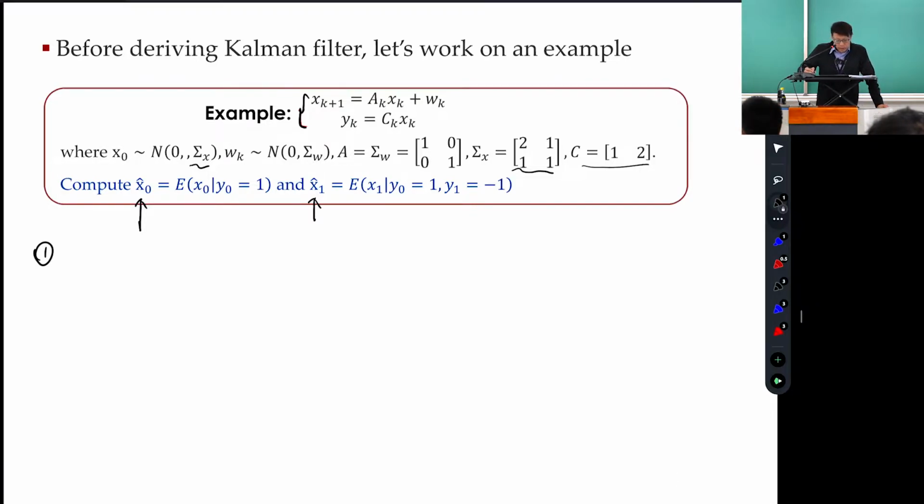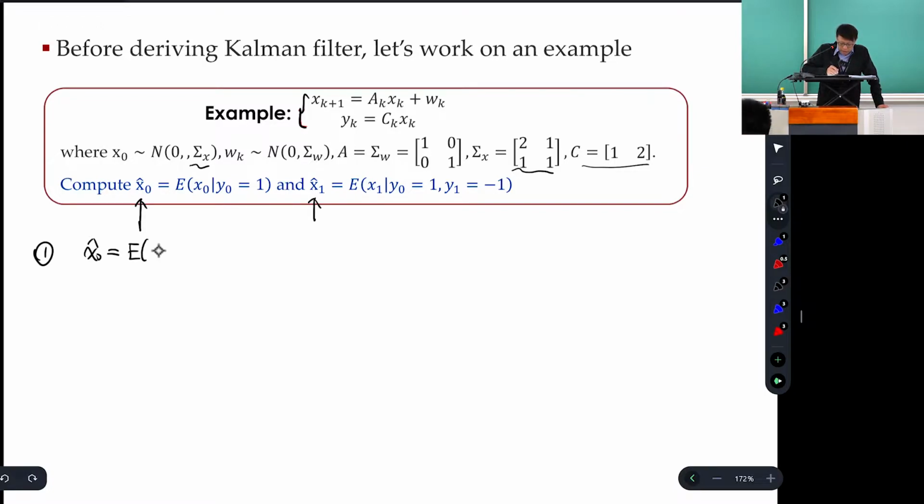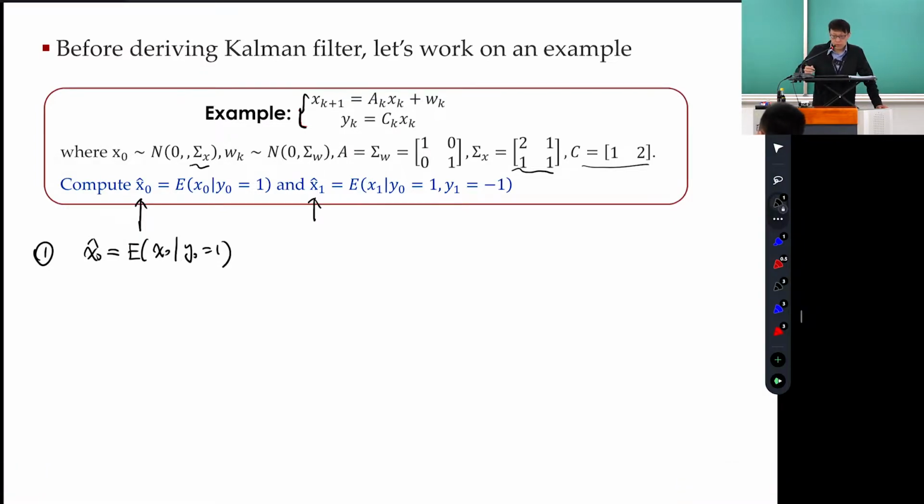First, let's do the first one. x0 hat is the expectation of x0 given y0 equal to 1. How to compute this?